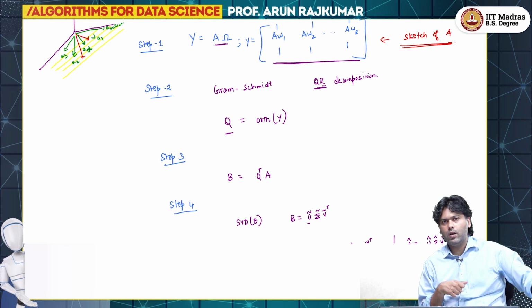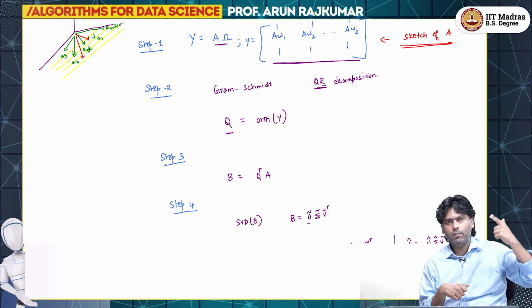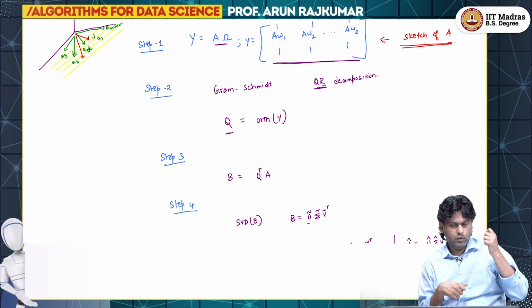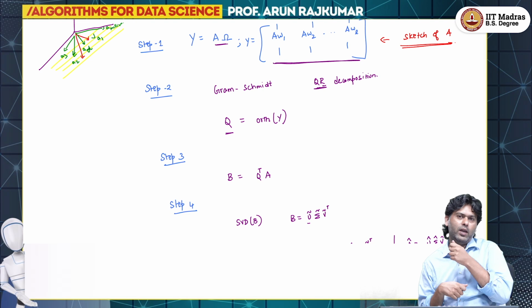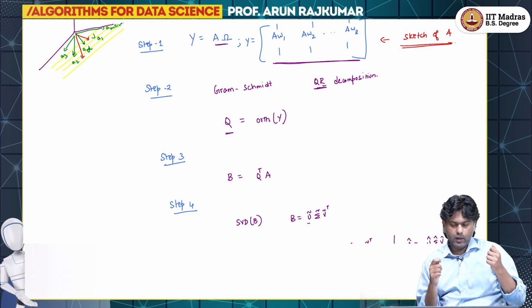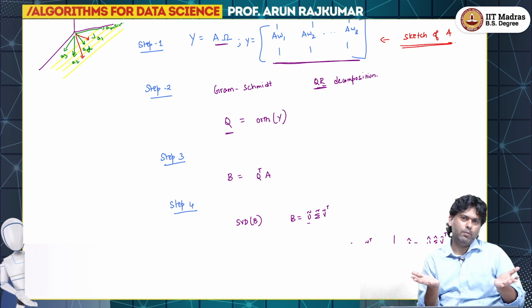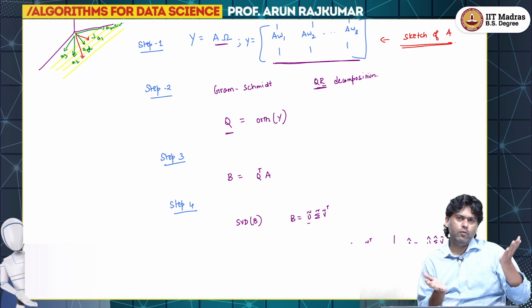Take the columns of A, randomly combine them using Gaussian values to get A omega 1 till A omega L, and then orthonormalize these columns, which means find an orthonormal basis for these columns.